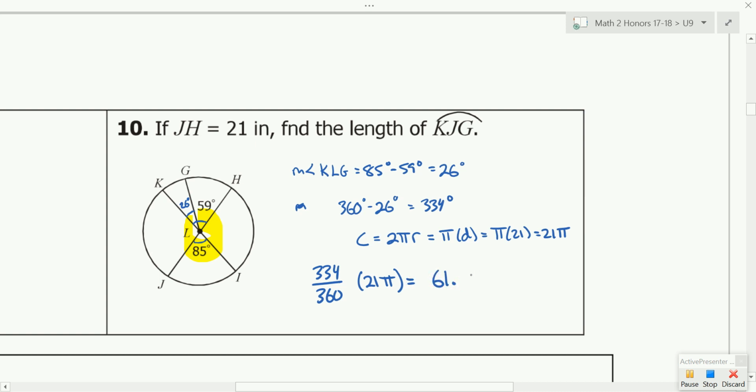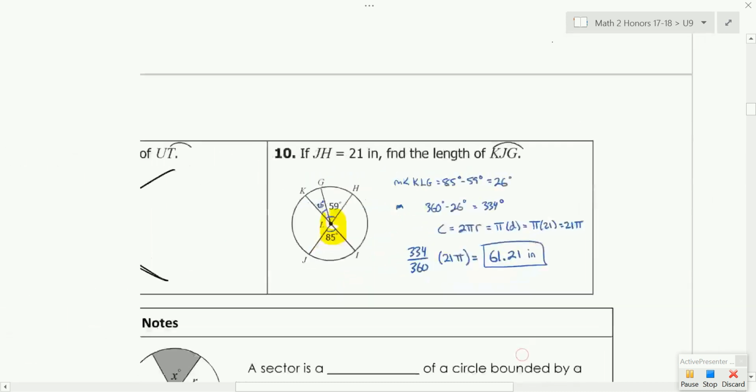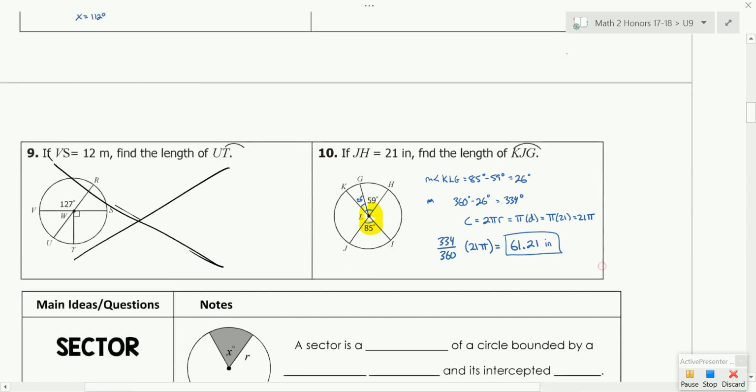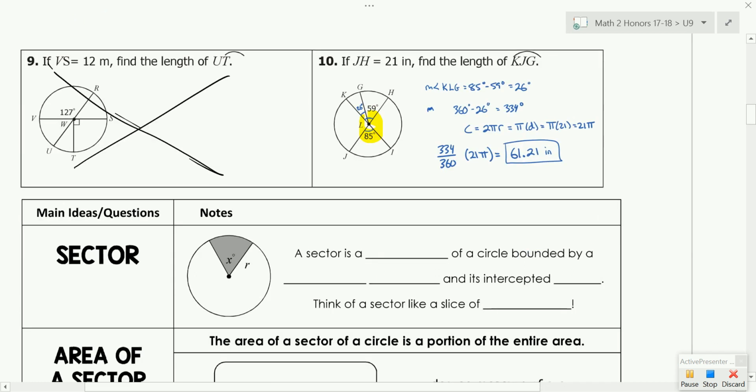Anybody else get that? Okay. And then what's our units? Good. Perfect. Thank you. So that's arc length. Arc length is a fraction of the circumference. Those are the kinds of problems that you would do to find arc length.